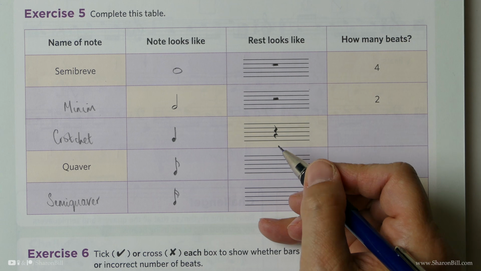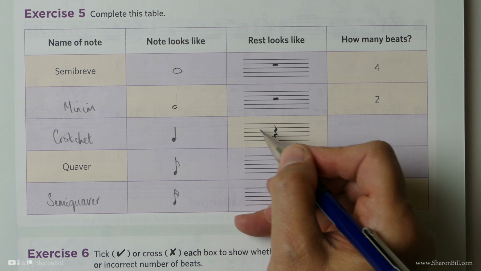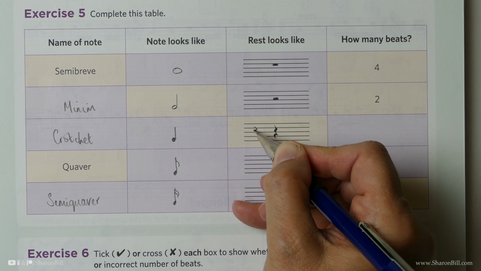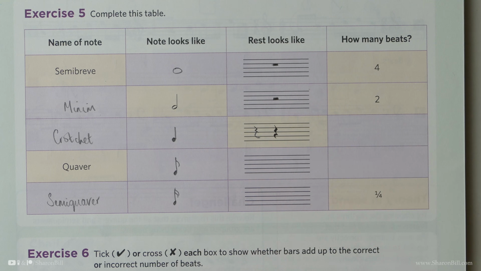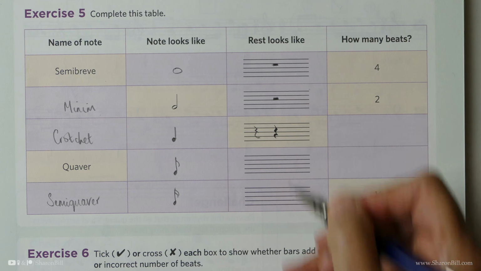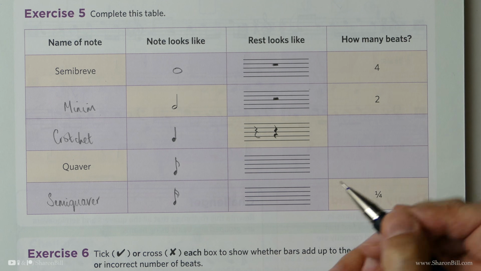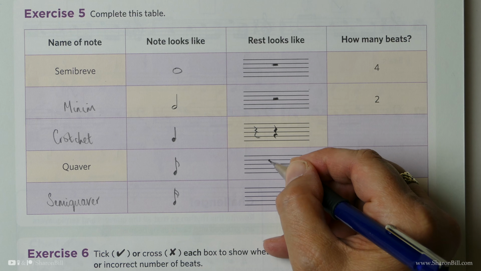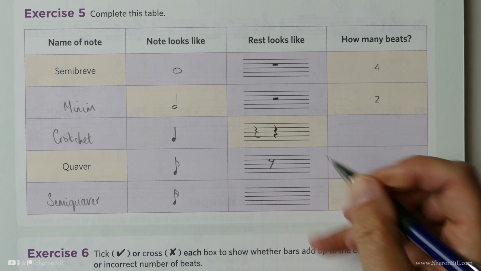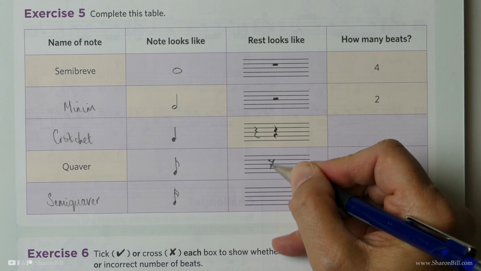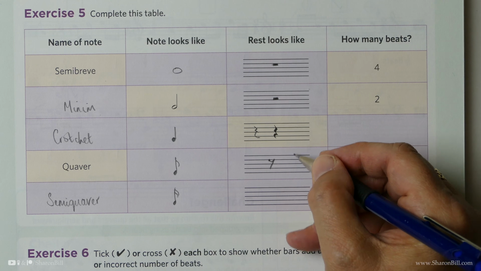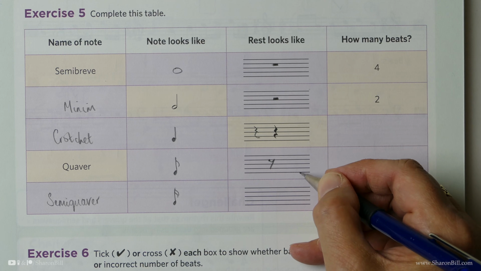The crotchet rest, as I said, they've drawn this for you, but if you want to have a little practice, I do a sort of angled Z with a C at the bottom. Maybe just have a little practice of that whilst you've got the opportunity. The quaver rest is kind of a number 7 with a little blob, and it's positioned in the centre of the stave, as is the crotchet rest. Don't have them wandering too far up or down.